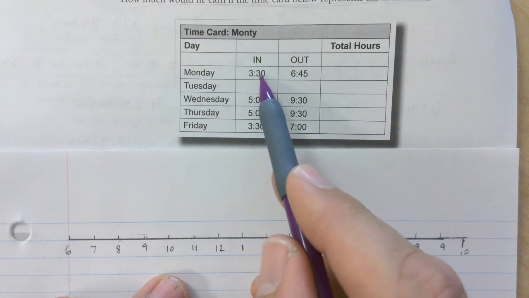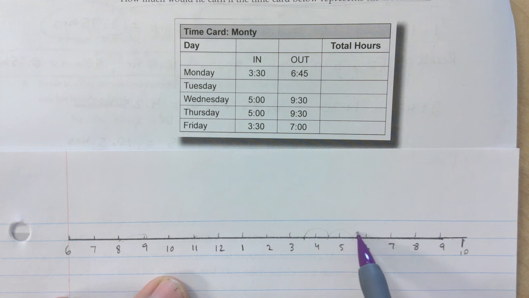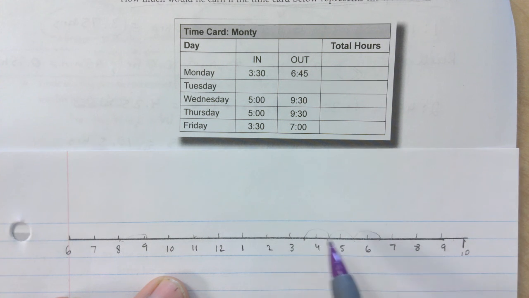Watch what I do. 3:30 puts me right about here, between 3 and 4. So I count from 3:30: 3:30 to 4:30 is 1, 5:30 is 2, 6:30 is 3 hours. So I'm always going up 60 minutes.